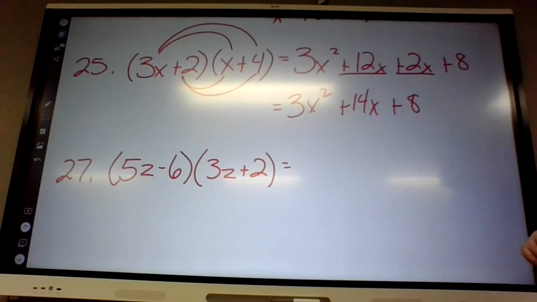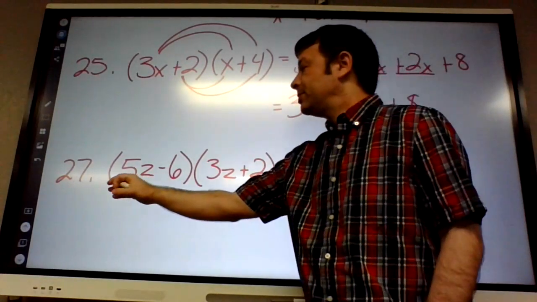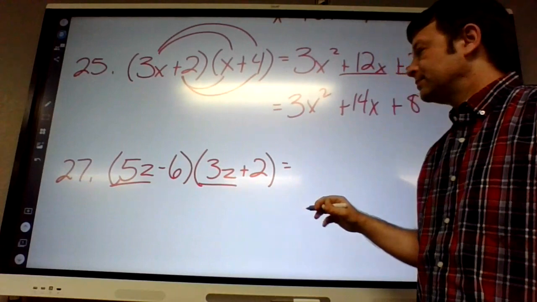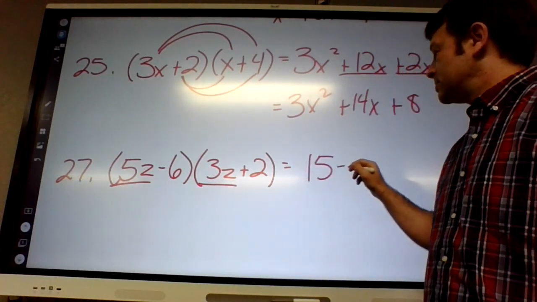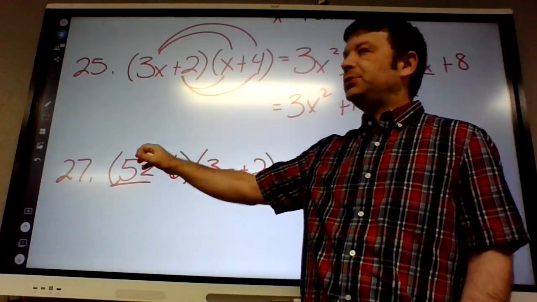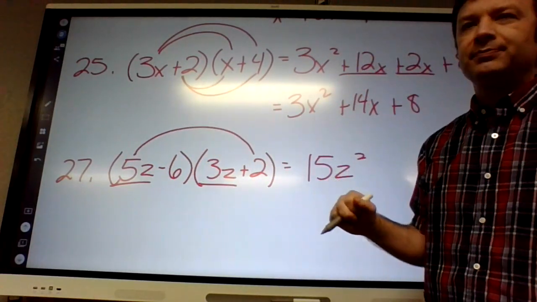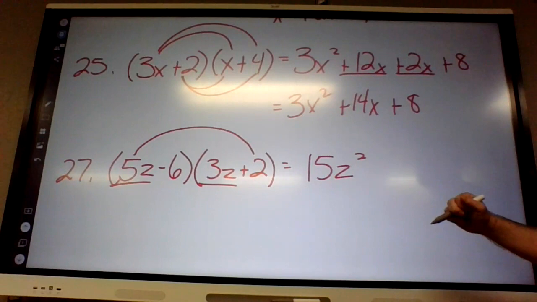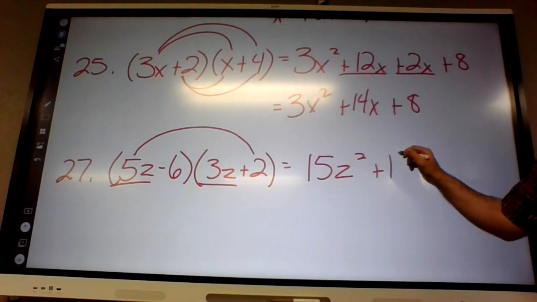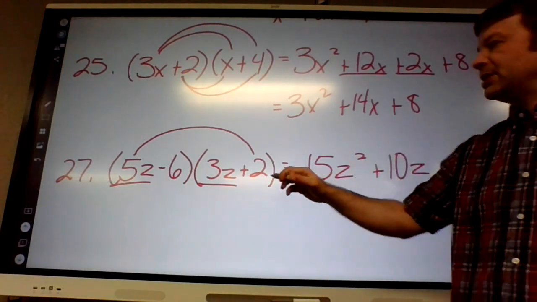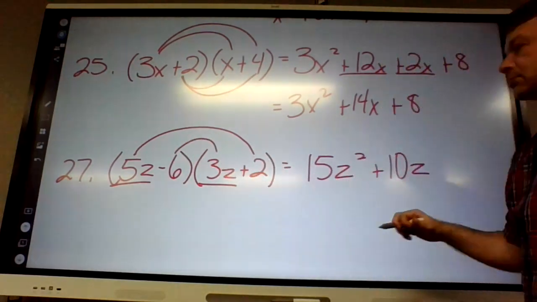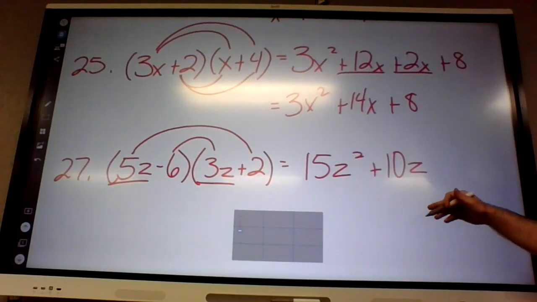All right, Roman, what's first going to be? 15z squared. Yep. All right, what's outside going to be? Positive 10z, so plus 10z. What's inside going to be?